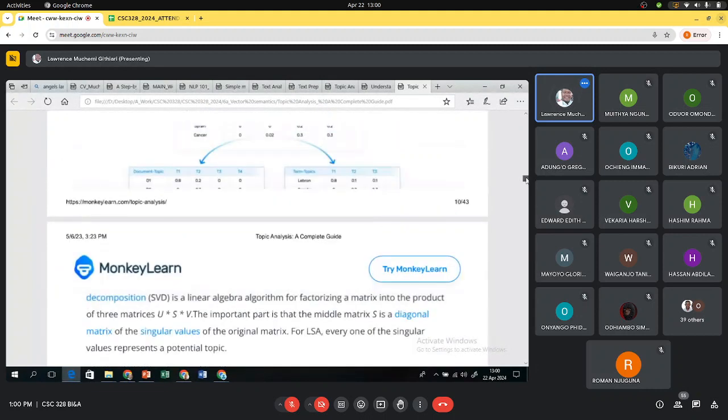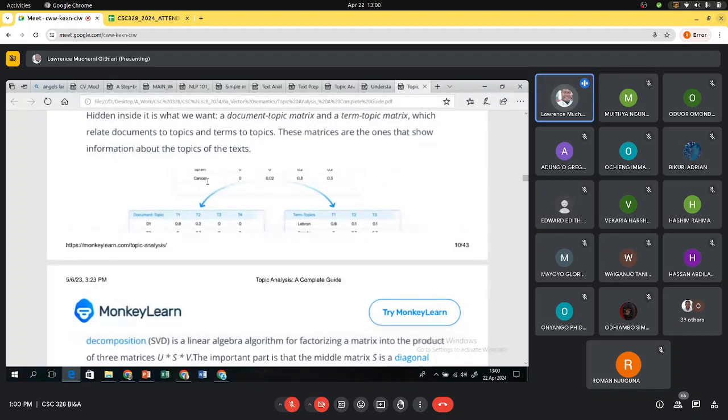You can see you create from these tables a matrix, which you call a document topic matrix, or you can create a term topic matrix. I hope you understand this. So with the frequencies, you can create a document topic or a term topic matrix. We shall cover this more next time when we are doing the theory again, but for now I just want to introduce it.